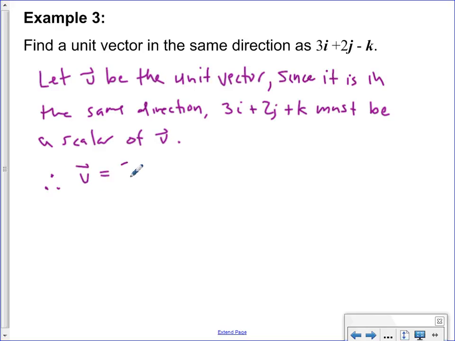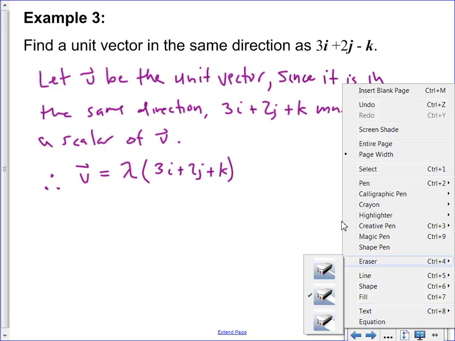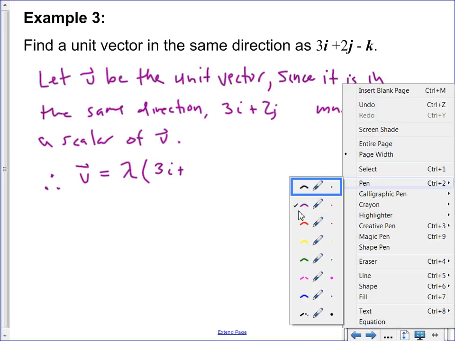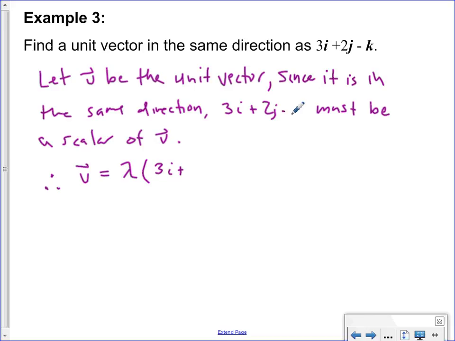So let lambda be your scalar of 3i plus 2j minus k. Sorry, it's minus k.